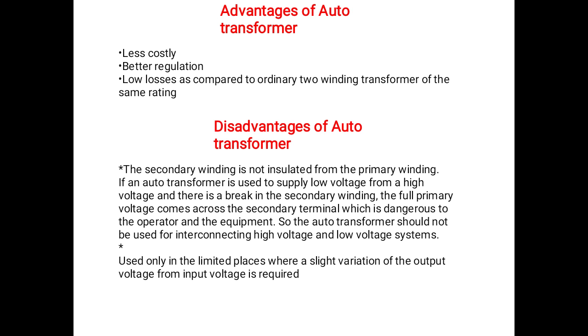So if an auto transformer is used to supply low voltage from a high voltage and there is a break in the secondary winding, the full primary voltage comes across the secondary terminal, which is dangerous to the operator and the equipment. So auto transformer should not be used for interconnecting high voltage and low voltage systems.